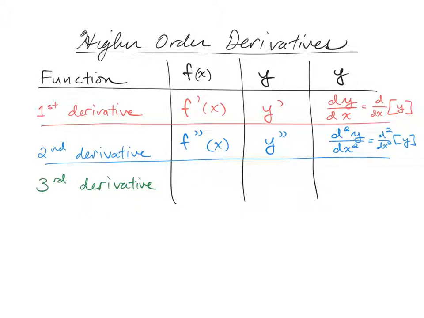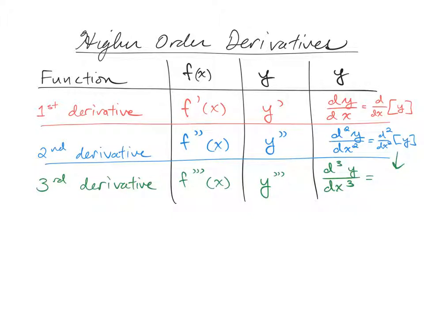The third derivative would look something like this: f with 3 primes of x. You could have y with 3 primes, so f triple prime, y triple prime. And then over here with this notation, d cubed y over dx cubed. And again, you can follow the same notation for that. Any other derivative that goes higher than 3, we start using numbers in these 2 notations here.